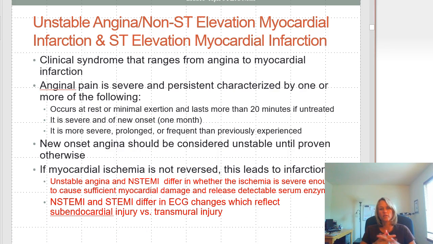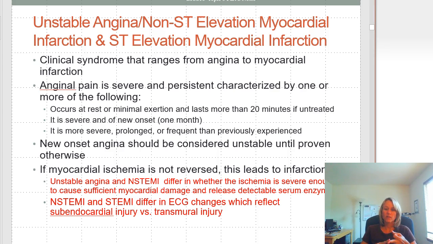Okay, so how do we differentiate unstable angina or myocardial infarction from stable angina? If we're considering unstable angina that could progress to myocardial infarction, we would define that pain as severe and characterized by one or more of the following. It occurs at rest or with minimal exertion and lasts more than 20 minutes if it's untreated.